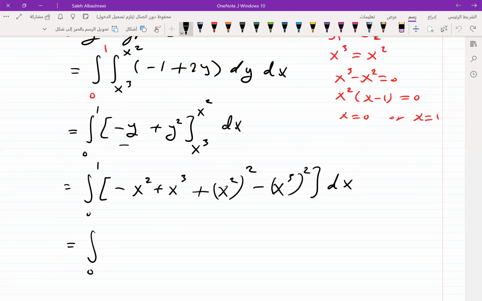This can be written as the integral from 0 to 1 of minus x to the power 3, just reorder the terms, plus x to the power 4 plus x to the power 3 minus x to the power 2 dx.